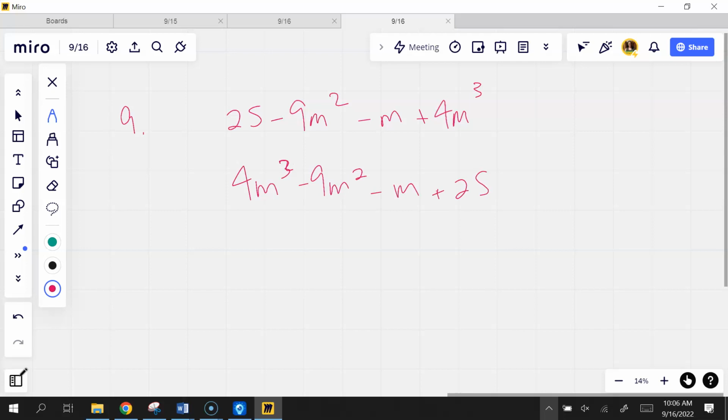And then I'm going to look at two different things. I'm going to look at the degree and the number of terms. And that's how I'm going to classify. So classified by the number of terms, how many are there? There's 4, and 4 means what? Polynomial. It's a polynomial. I also know that the degree, somebody already said it, is 3, and that's cubic. So I'm going to call this a cubic polynomial.